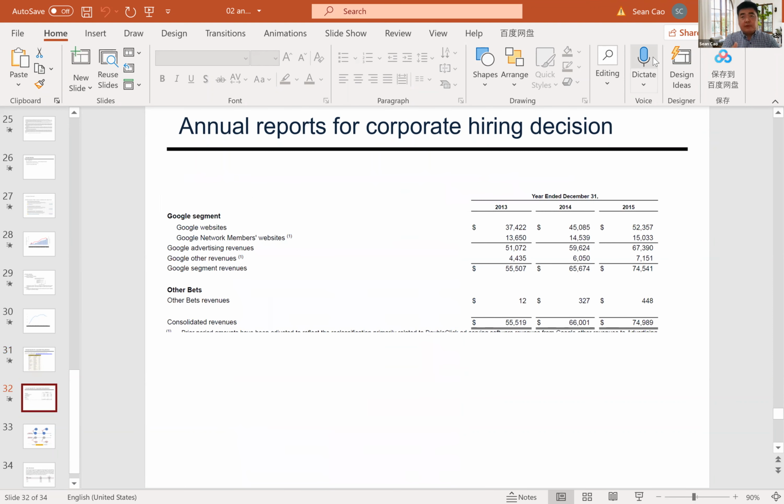So this is an example you can see from Google. Google's annual report. What does this mean? You can see what information? In this report, you can see where the profit comes from for Google. Google has different businesses. Google has a website.